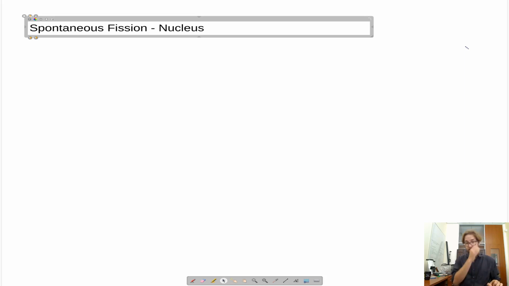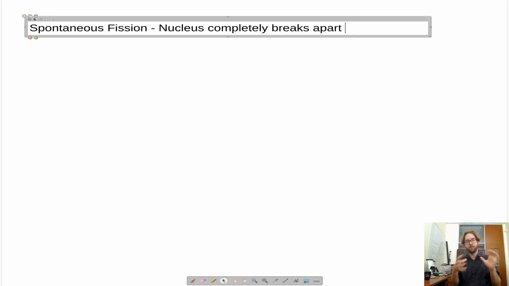And we'll be talking about fission later in the course, but spontaneous fission is when that breaking of the nucleus happens for no other apparent reason. It just randomly happens occasionally.